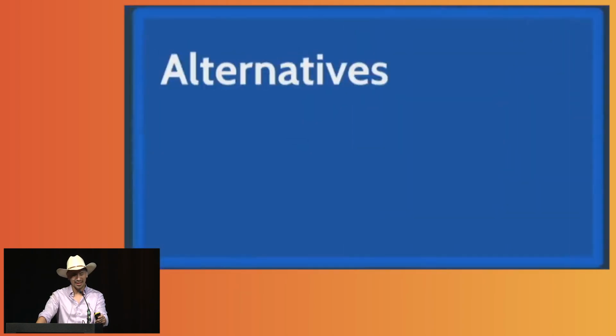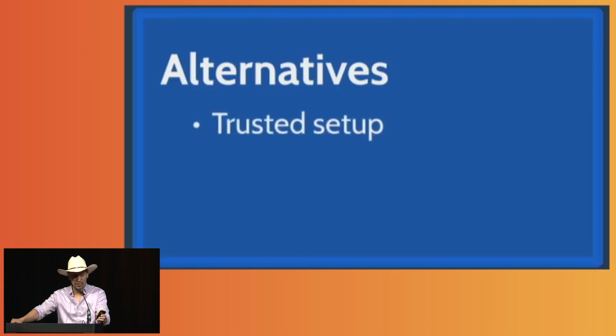Which is to say that there are alternatives to Neutrino, and here are some alternatives that are out there in the wild today. The first one is some sort of a trusted setup. You have a node that you completely trust, maybe set up by you, and you communicate from your mobile wallet to that trusted node.